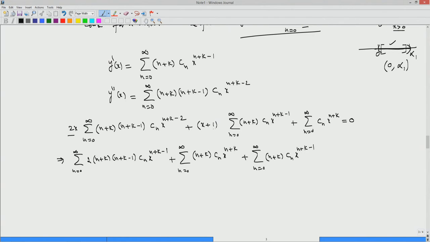I expanded x into this and 1 into this, plus the sum of c n x power n plus k, equal to 0.